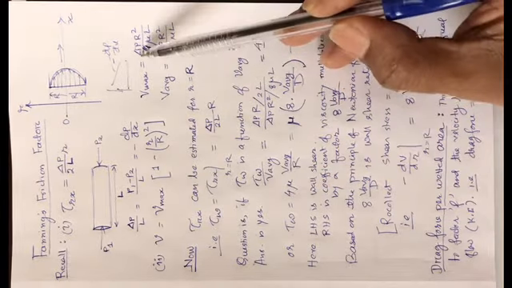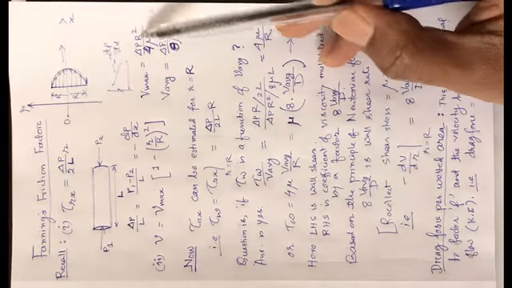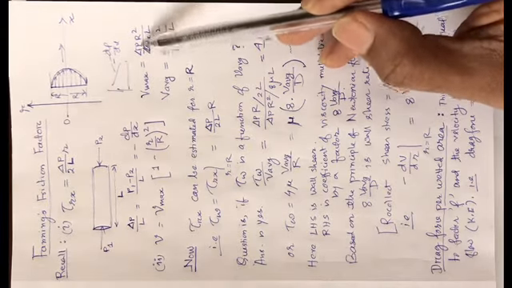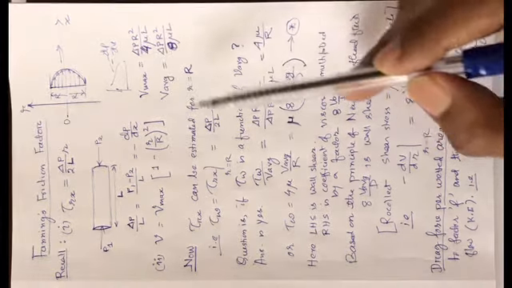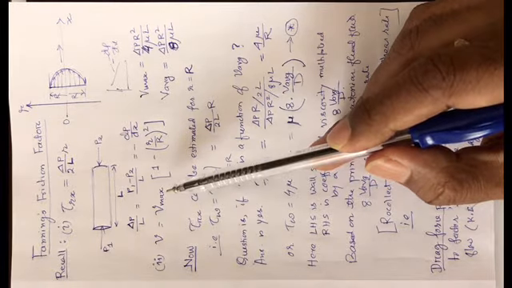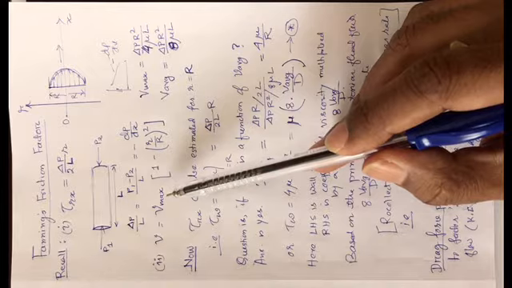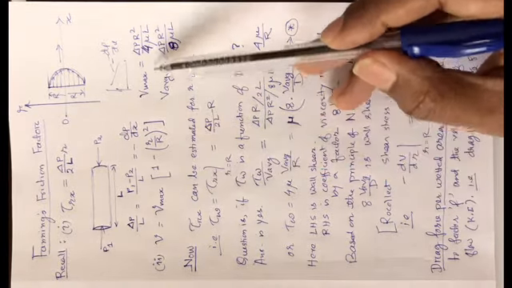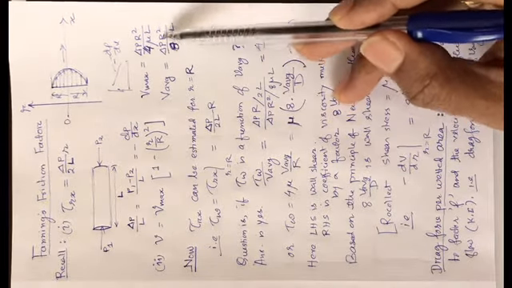V maximum is delta P by L into R square divided by 4 mu, that is, delta P R square by 4 mu L. Now V average, which we have already done, in case of laminar flow in a horizontal pipe is half of the V maximum. So the denominator becomes 8 mu L, the rest remains the same: delta P R square by 8 mu L.